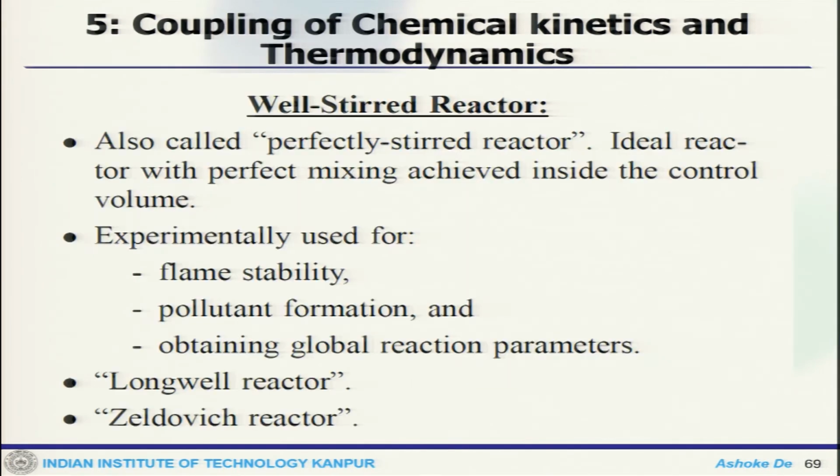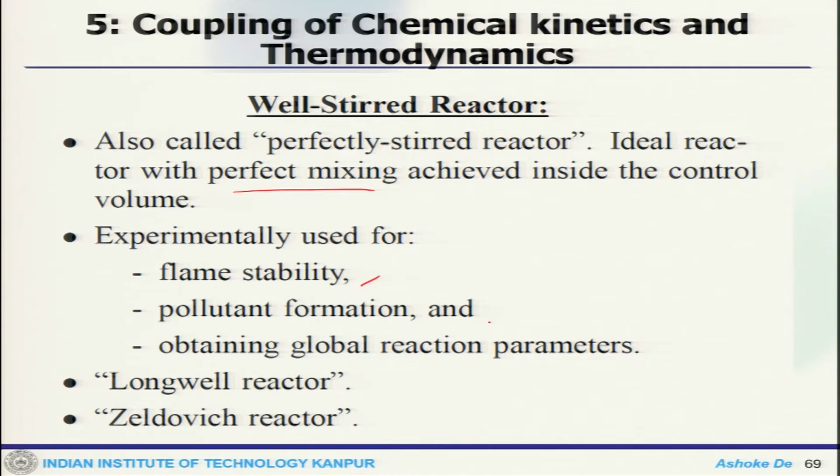Now, I will go to the well stirred reactor. The well stirred reactor is essentially the perfectly stirred reactor. It is an ideal reactor with perfect mixing achieved inside the control volume. This is a quite often used experimental setup for flame stability.